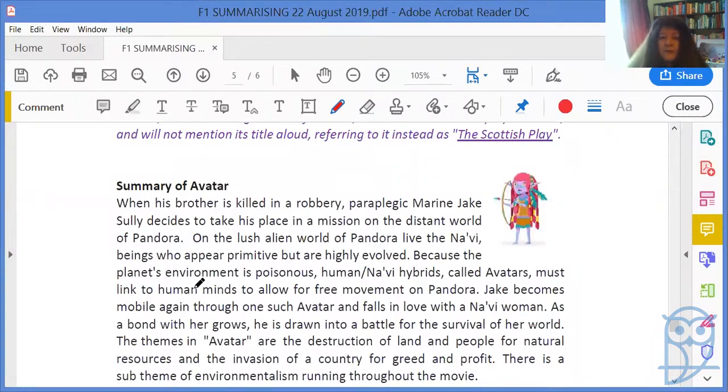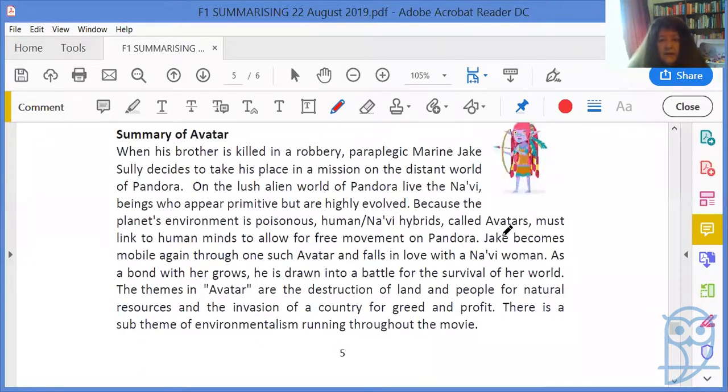Because the planet's environment is actually poisonous, human and Navi hybrids called avatars, a hybrid is a cross between the two, must link to the human mind to allow for free movement on Pandora. Jake becomes mobile again, although if you remember he was a paraplegic, through one such avatar, and he falls in love with a Navi woman. As the bond with her grows, he's drawn into a battle for the survival of her world. That world has to survive.